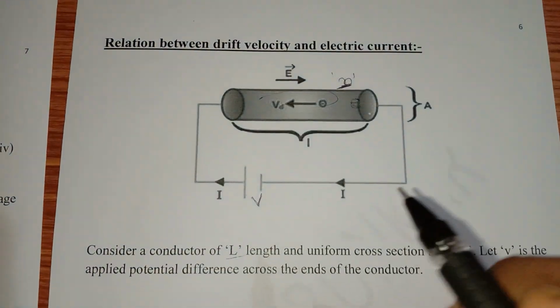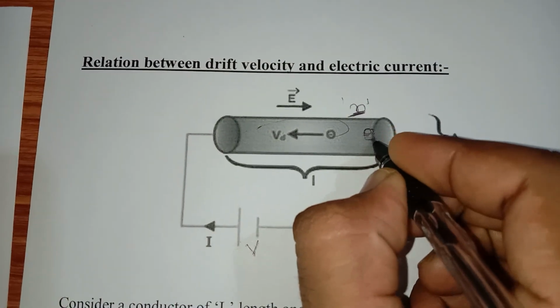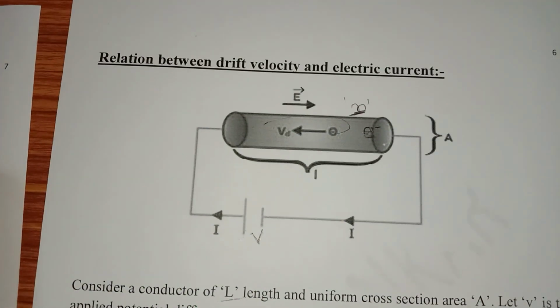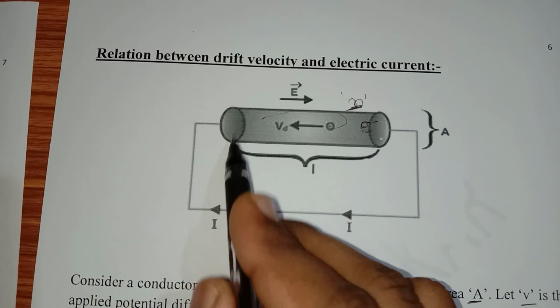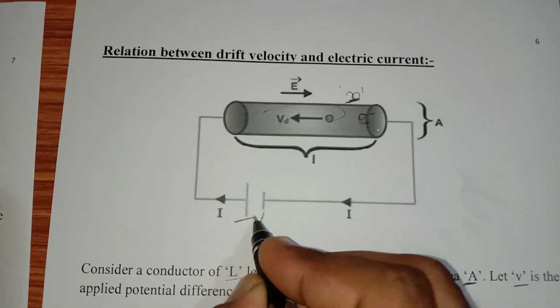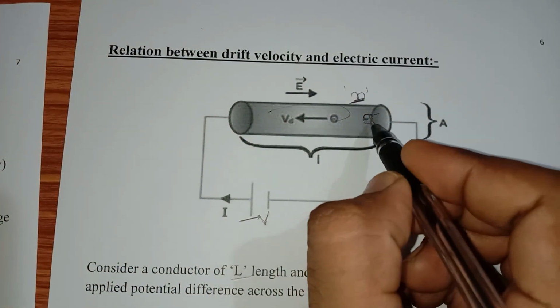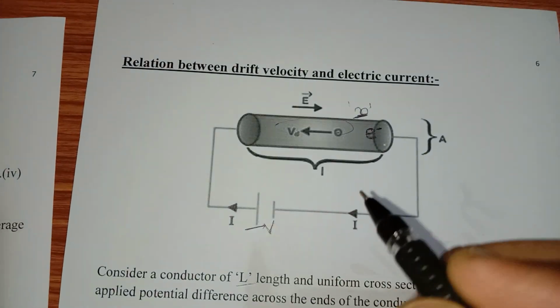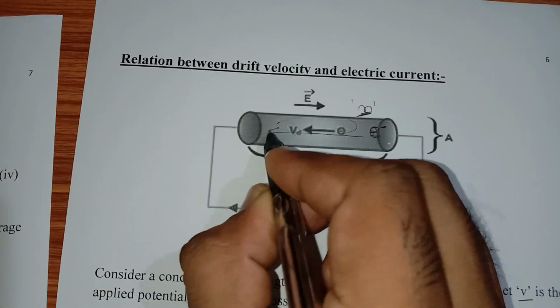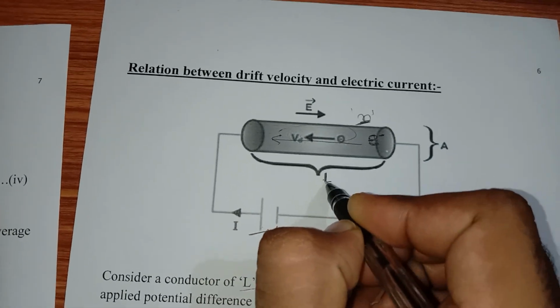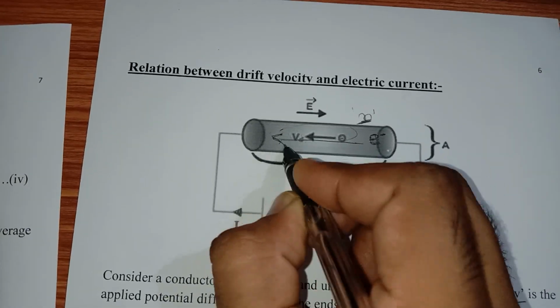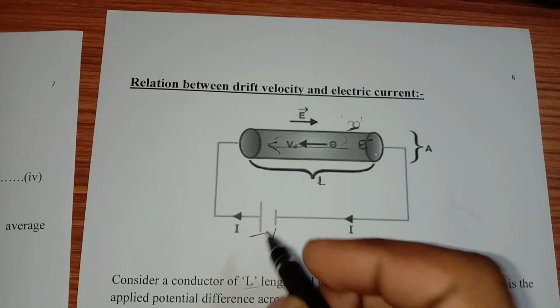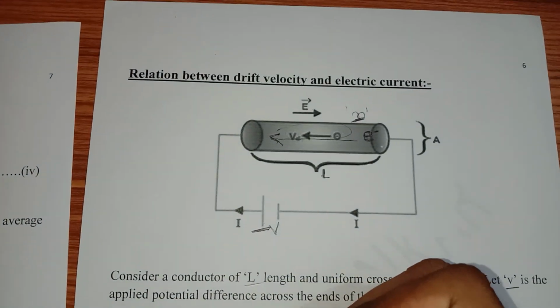Electrons start drifting from this end. Let us consider the electrons start drifting from this terminal when the conductor is connected with the help of a battery. In that case, they cross the whole length L to reach the positive terminal of the battery.